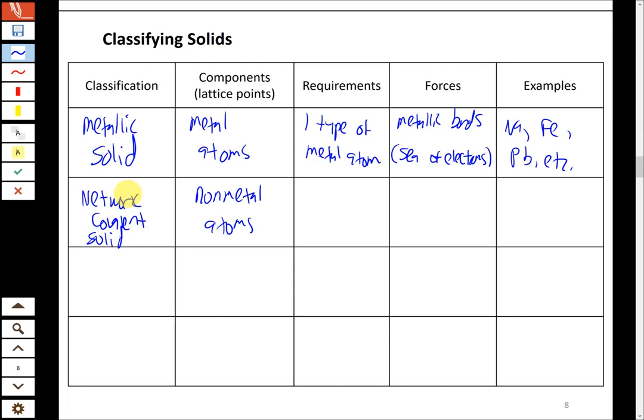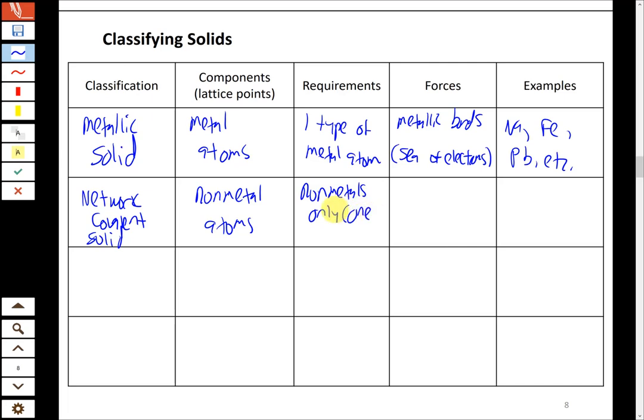And so then, the requirement for forming a network covalent solid is that you have only nonmetals in the formula. And some of the metalloids would also fall into this category as well, like silicon we talked about is a network solid, kind of in between a metal and nonmetal, but it would still be classified in this way.